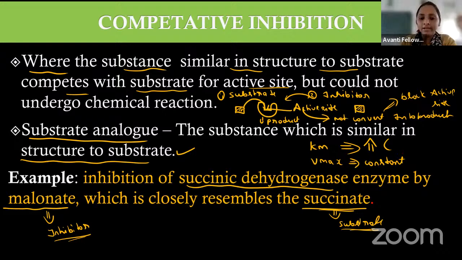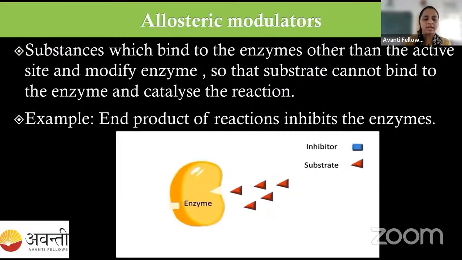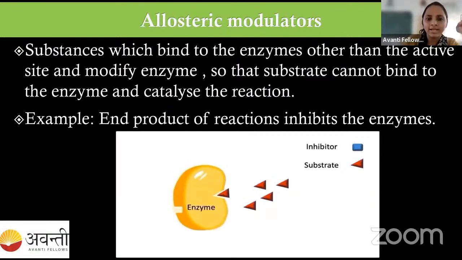I have told you that whenever the enzyme has a high Km value, it has less affinity for the substrate. So this is what happens in competitive inhibition. I think you understood this. If you have any questions, you can ask me. So fine, let us go to the next.